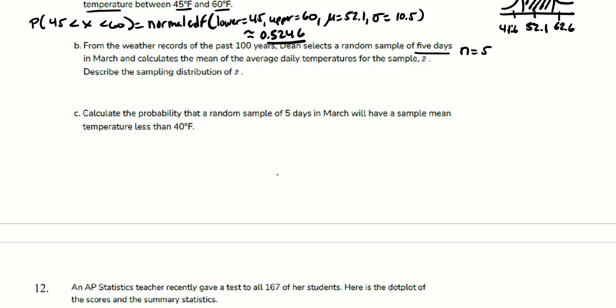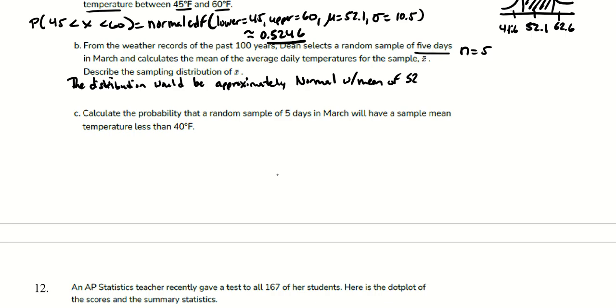Okay, so that's important. So the distribution would be approximately normal, with a mean of, so the mean is going to be the same as the original mean, so it's still going to be 52.1.